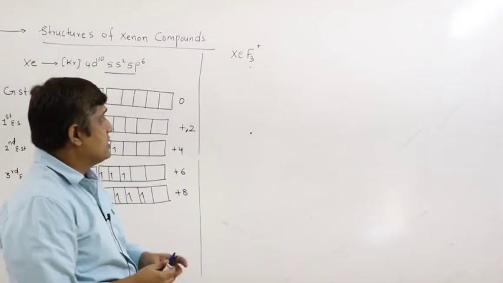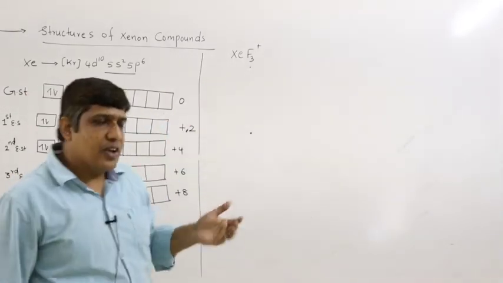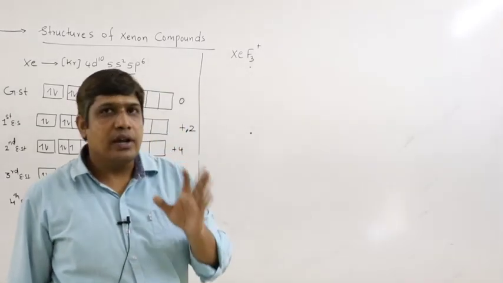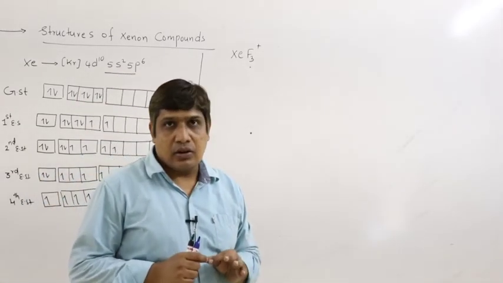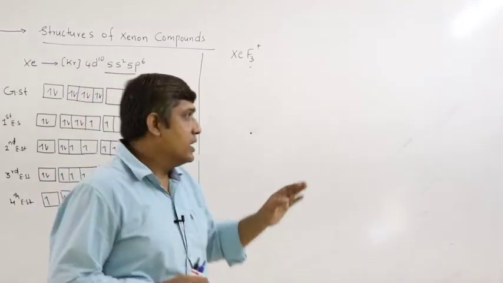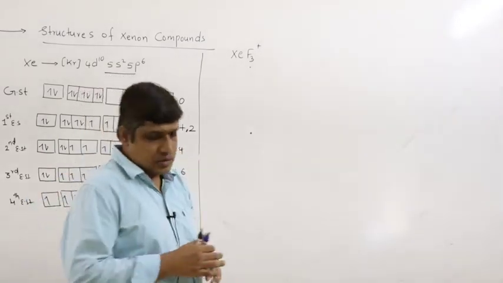So let us try to understand the meaning of XeF3 plus. Take XeF4, remove F minus. That means xenon loses 1 electron. Xenon possesses 8 electrons. Out of that, it loses 1 electron. So central atom xenon in XeF3 plus possesses only 7 electrons.